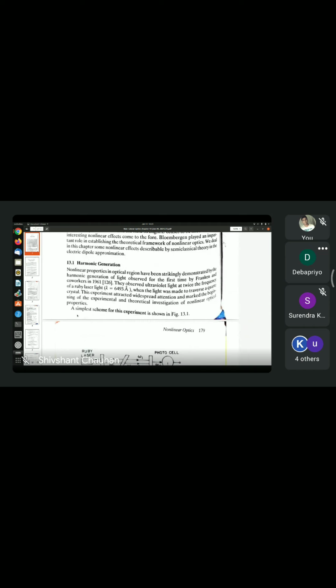Now, who first demonstrated this nonlinear characteristic? Well, a group headed by Franken first found this strange thing, that when they set up an arrangement as shown in figure 13.1, just show figure 13.1, Shivshant.